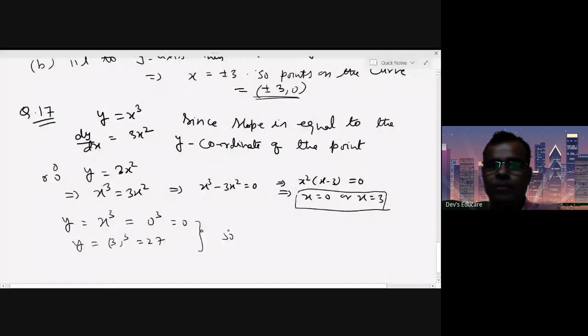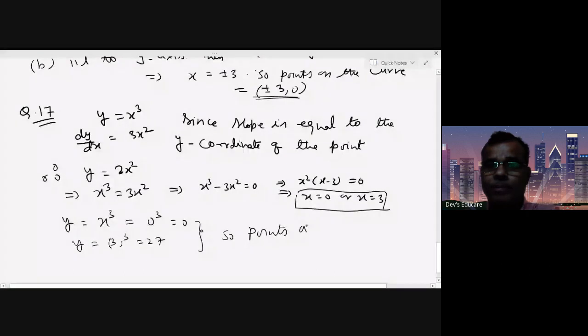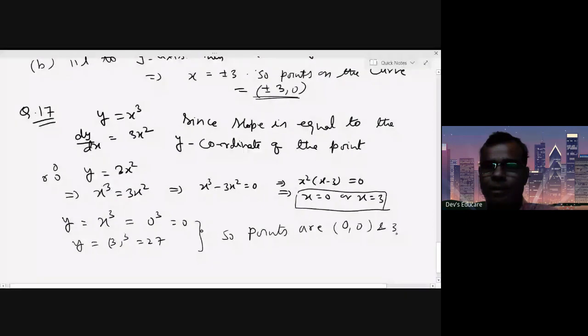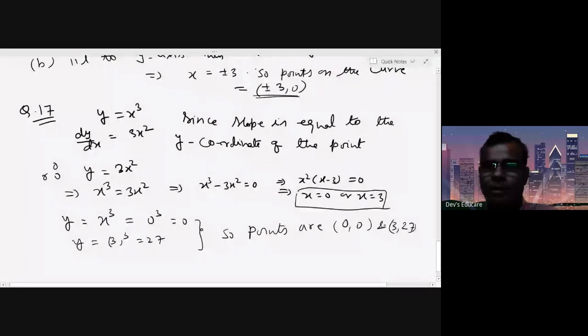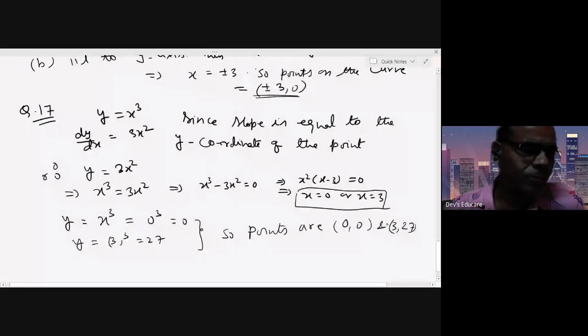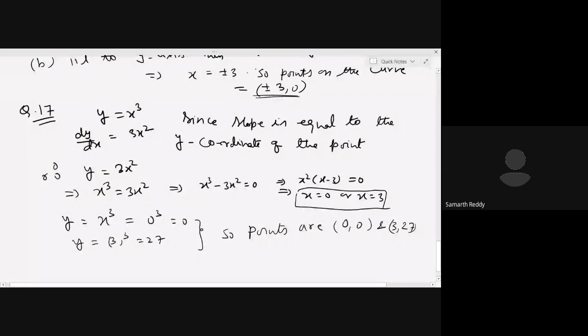So points are (0, 0) and (3, 27). Okay, these are the points on the curve.